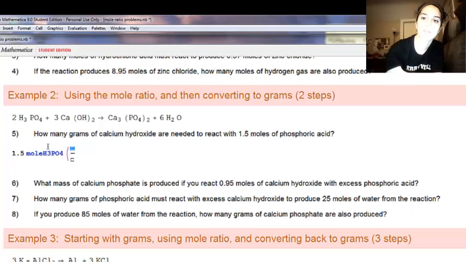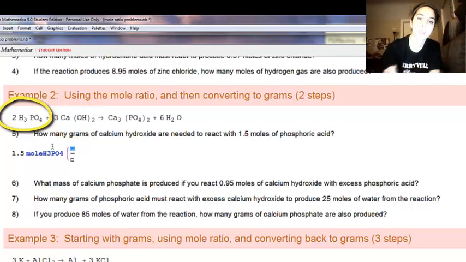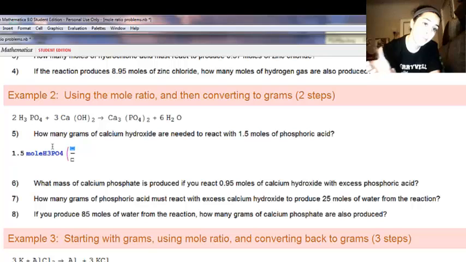We need to first figure out how many moles of calcium hydroxide are needed, so we look for our mole ratio. In the equation we have 3 moles of calcium hydroxide for every 2 moles of phosphoric acid. We put what we want to keep on top, what we want to get rid of on bottom.